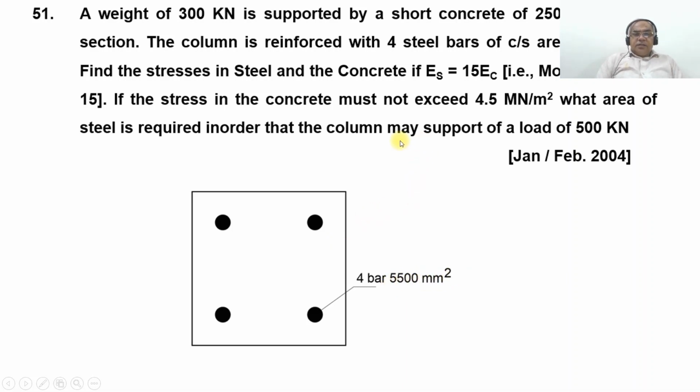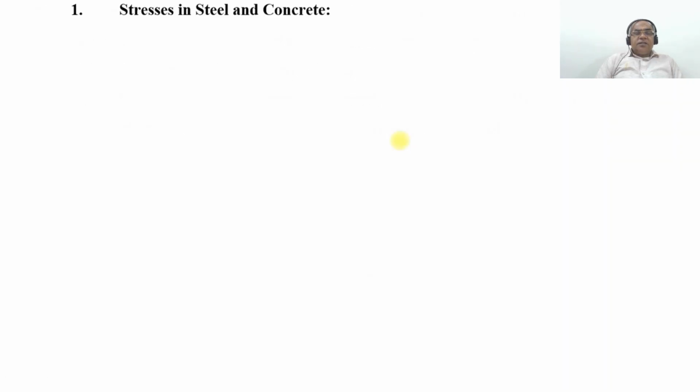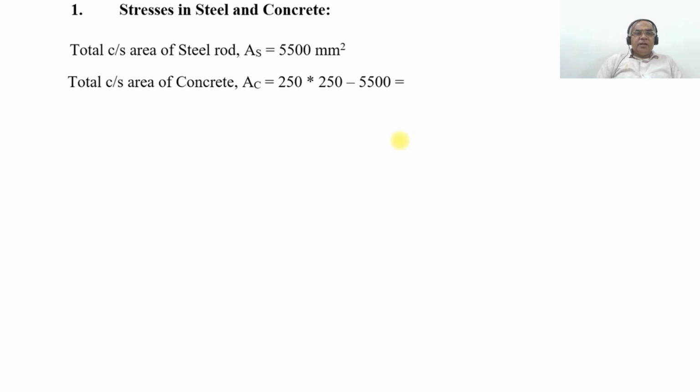Here, to find the stress in steel and concrete, we need to find the total cross-sectional area of the steel rod, which is AS, equal to 5500 mm square.